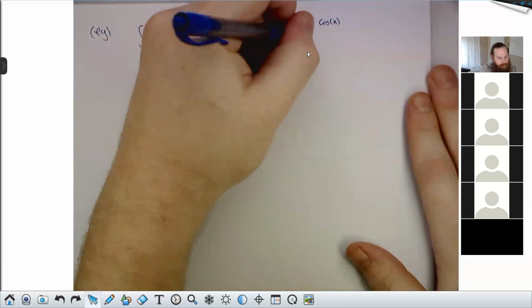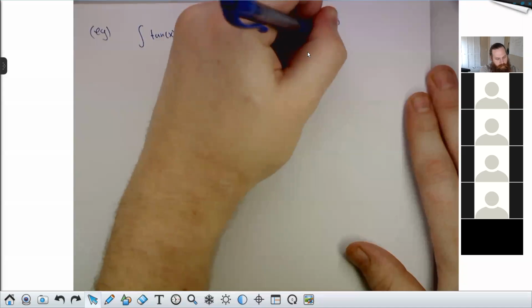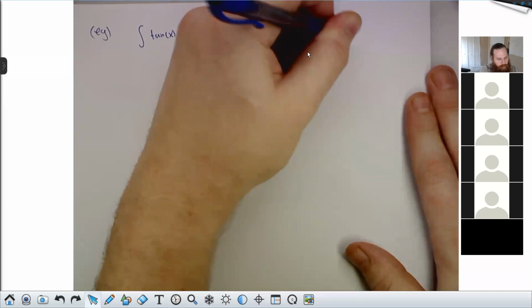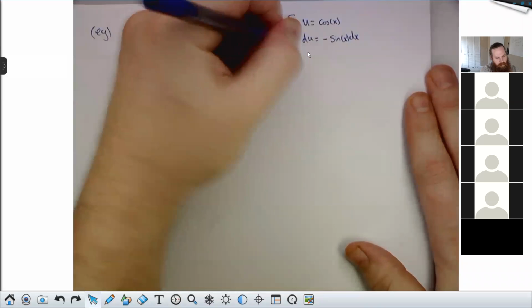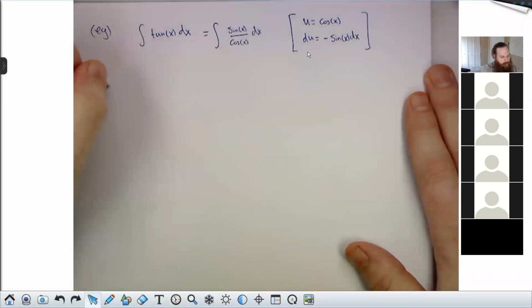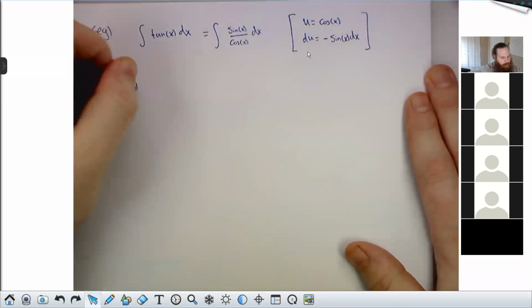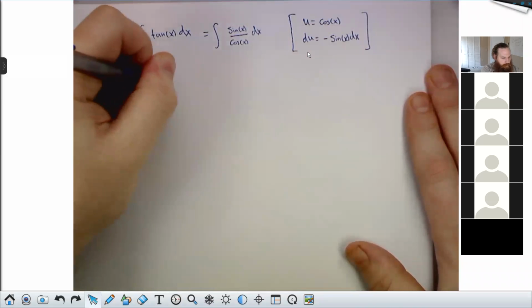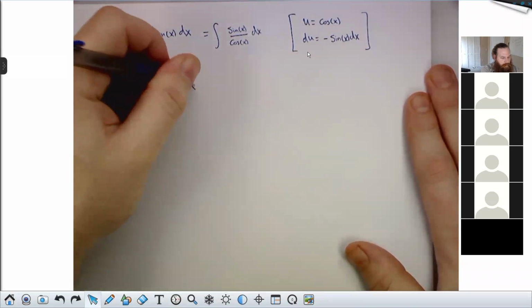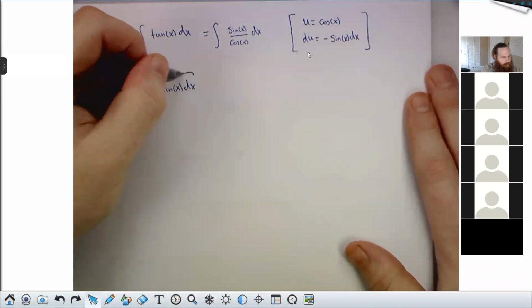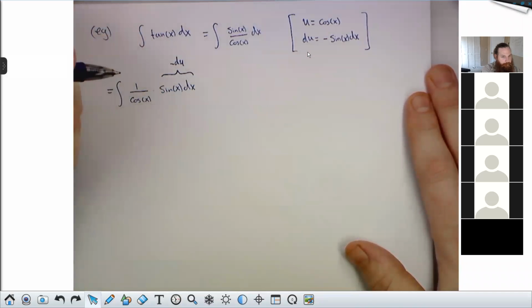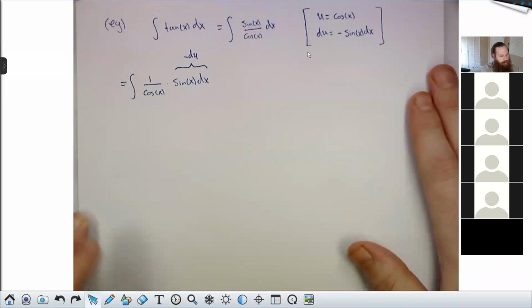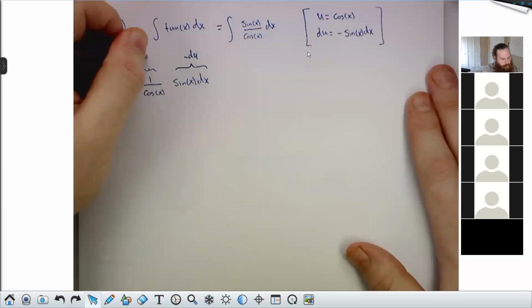If u is cos x, then du is negative sine x dx. So I think of this as the integral of 1 over cos x times sine x dx. And I see that this piece is negative du, and this piece is 1 over u.